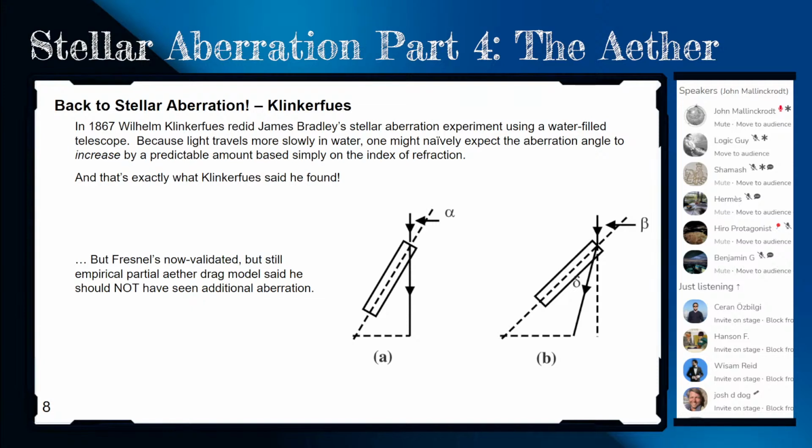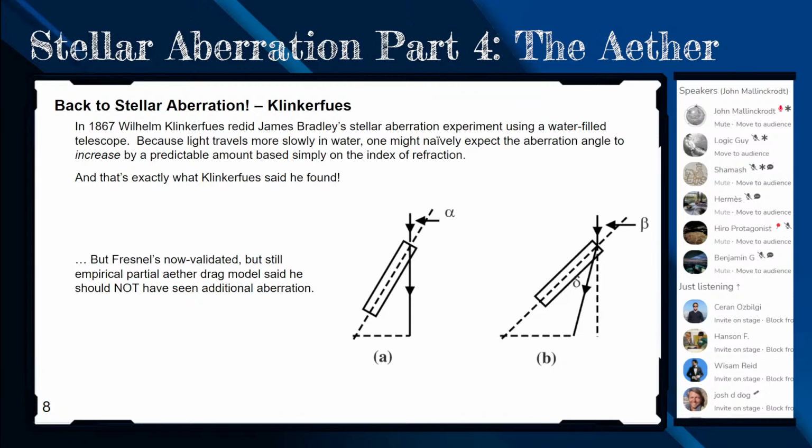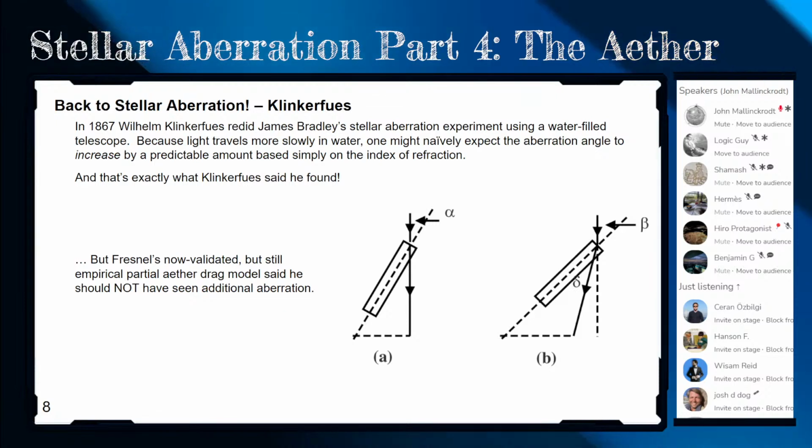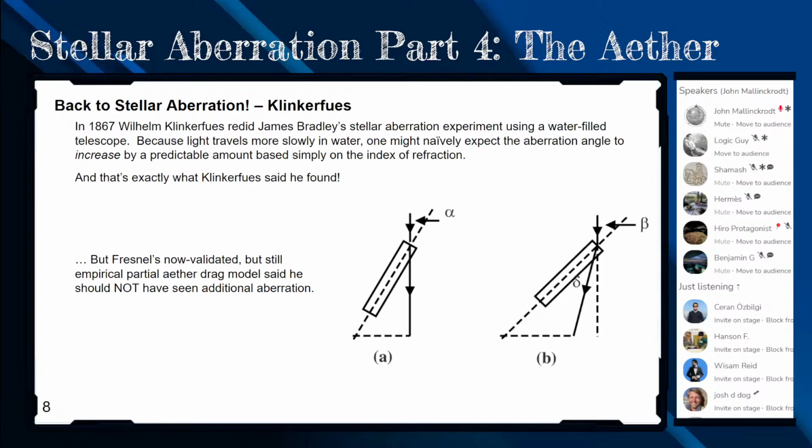It really says that you can't detect the ether at some level. That's what Fresnel's empirical model was a way of explaining: why we can't detect it. Klinkerfuse was detecting it, and Fresnel said, no, you can't. So there was a real conflict here between Klinkerfuse's result and Fresnel's model.